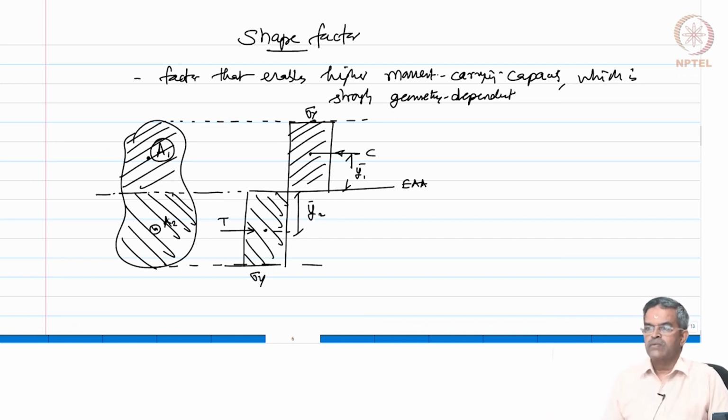Okay. So, now at equal area axis, the section is divided into equal halves, is it not?